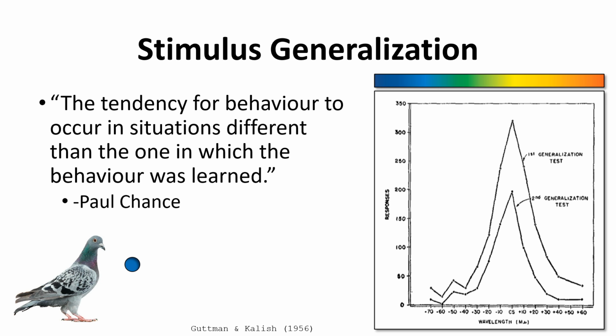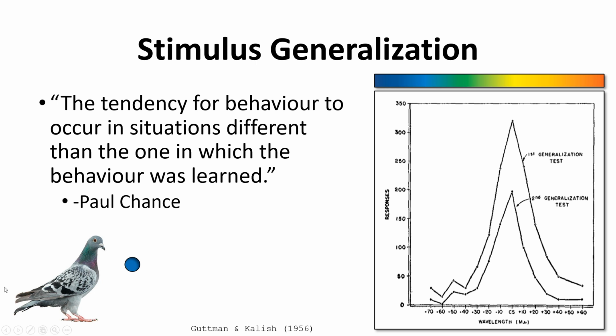Discrimination is telling the difference between multiple different stimuli, and generalization is when you are responding to multiple stimuli the same way as you would to your SD. One definition says that stimulus generalization is the tendency for behavior to occur in situations different than the one in which the behavior was learned.